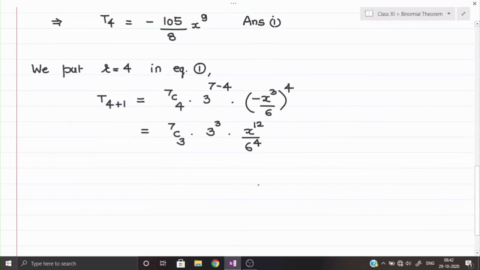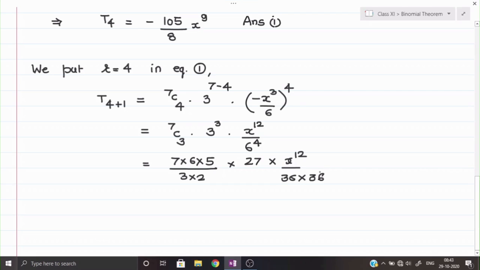The 7C3 value we can find out now. So this will be 7 into 6 into 5 upon 3 into 2, 3 cubed is 27, into x to the power 12 upon 6 to the power 4. I wrote 36 into 36. Otherwise, we can write 1296 also.